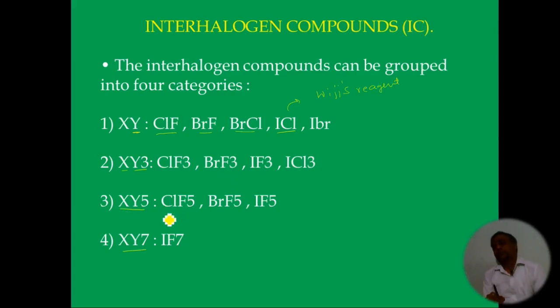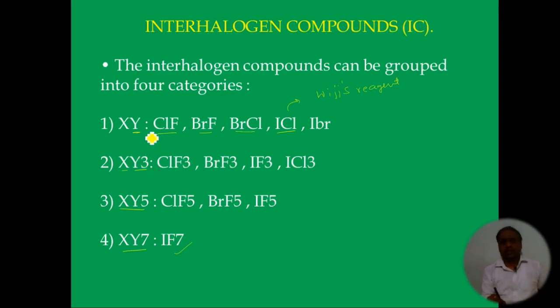XY5: chlorine pentafluoride, bromine pentafluoride, and iodine pentafluoride. XY7 has only one example, iodine heptafluoride, which contains 7 fluorine atoms surrounding iodine at the center. So these are 4 types of interhalogen compounds.